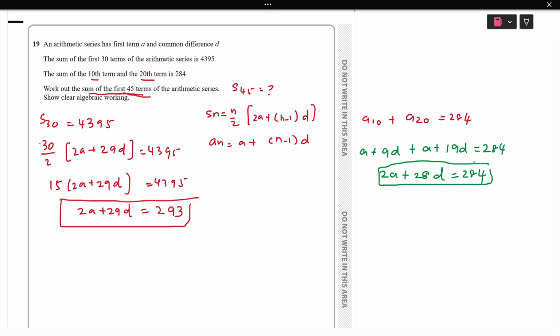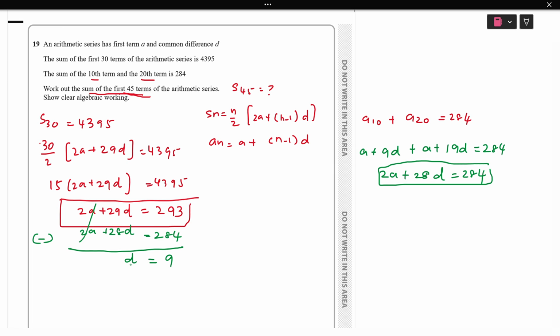So I just write below here 2a plus 28d equals 284. For the two equations, I'll subtract. 2a minus 2a becomes 0, 29 minus 28 is 1. So d equals 293 minus 284, which is 9. So I got d equal to 9.